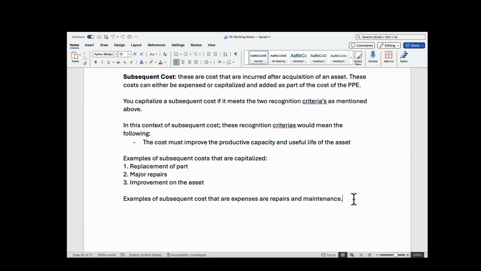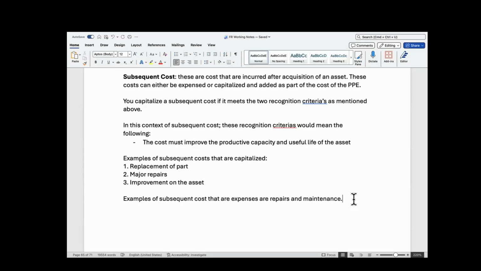You see, there's a difference between improving and maintaining or sustaining. If an asset or a car can go 10,000 miles all through its useful life, if you don't service it, it will not get to that 10,000 before the car will pack up or the asset will be rendered idle and redundant.